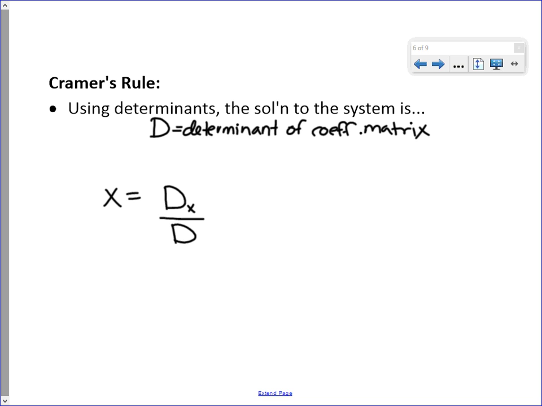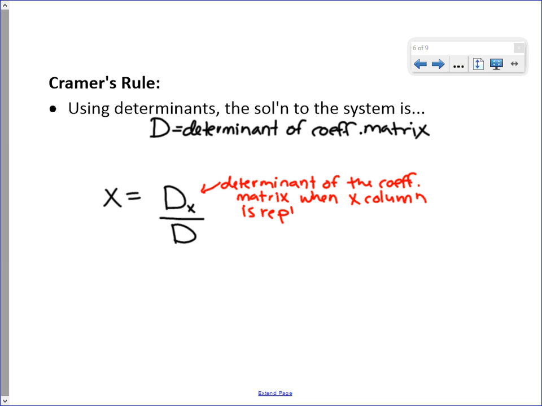But then I have this other determinant that I'm calling D sub x. This is the determinant of the coefficient matrix when the x column is replaced with the constants.